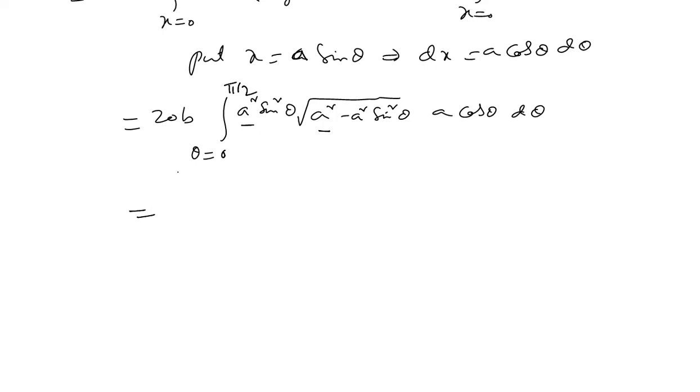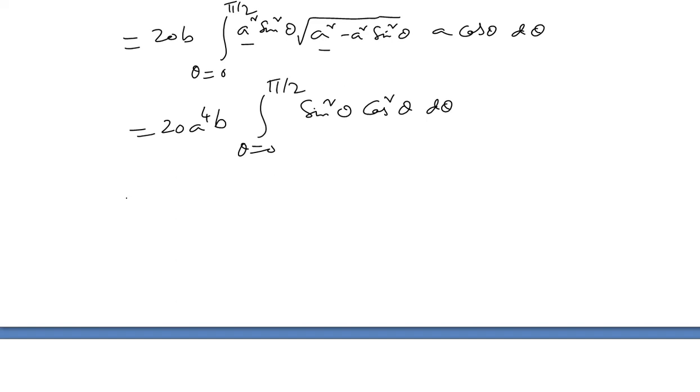So a power 4: 20 a power 4 b, theta is 0 to pi by 2, sin square theta into root over 1 minus sin square theta is cos theta, into cos theta, cos square theta d theta. Now this can be written as 5 a power 4 b, theta is 0 to pi by 2, 2 sin theta cos theta whole square d theta.